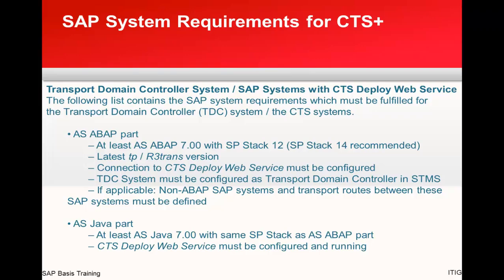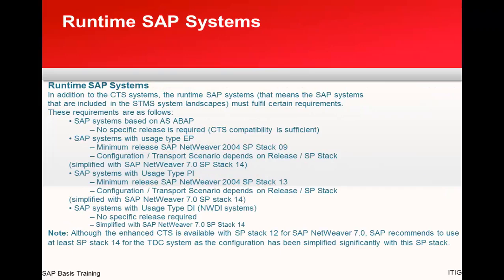Okay, on the Java side, you need at least AS Java 7.00 with the same SP stack as the AS ABAP part, that is 7.0 Service Pack 12, or 14 is recommended. Then the CTS deploy web service must be configured and running. Okay, runtime SAP systems.